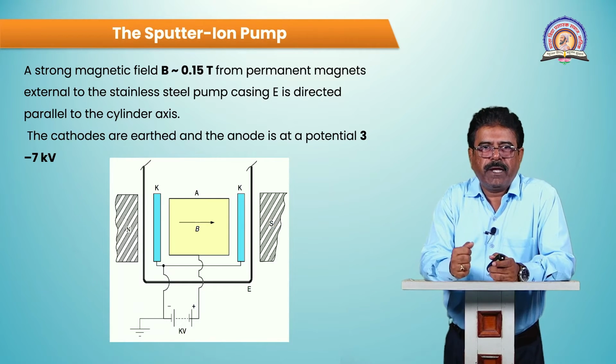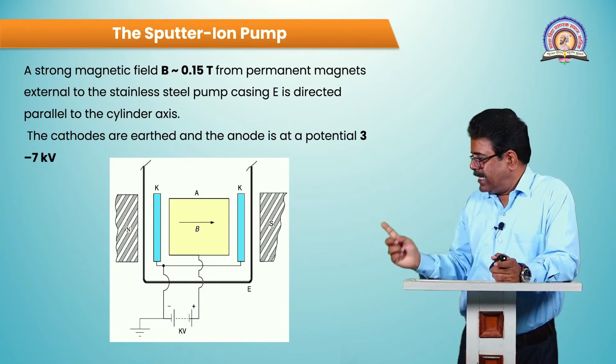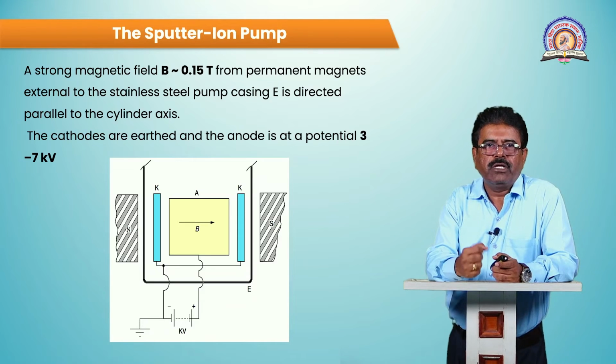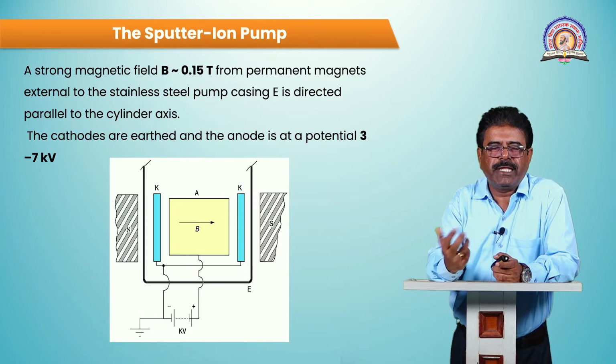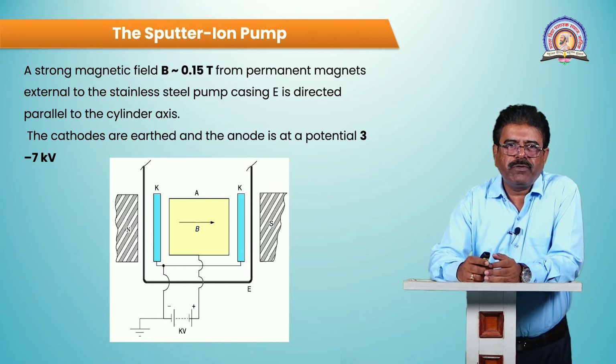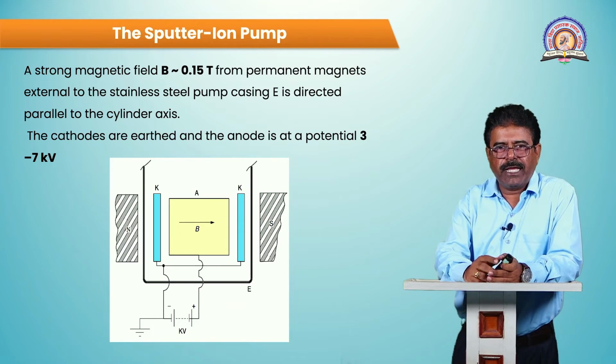This is outside the stainless steel case, which acts as a chamber for the process of sputtering inside. This casing is made up of stainless steel. It is denoted by letter A in this diagram.